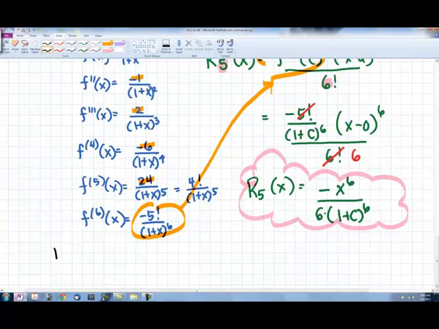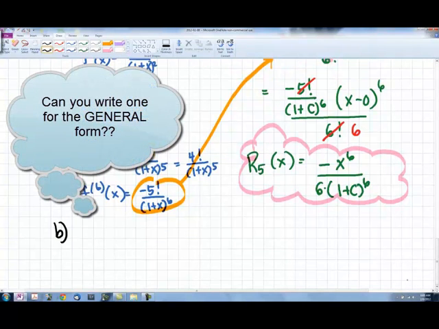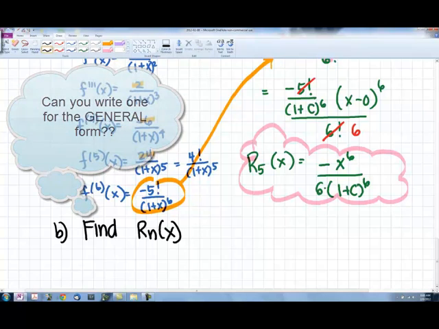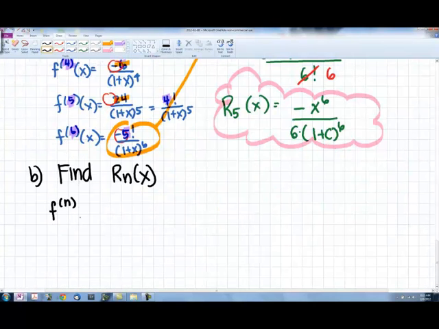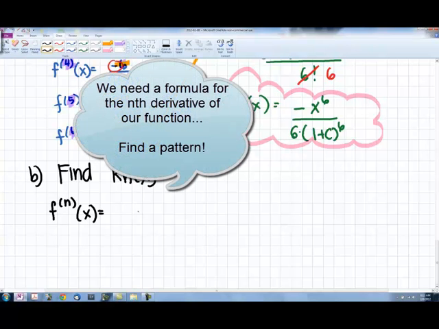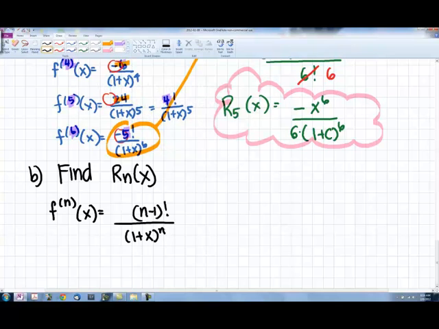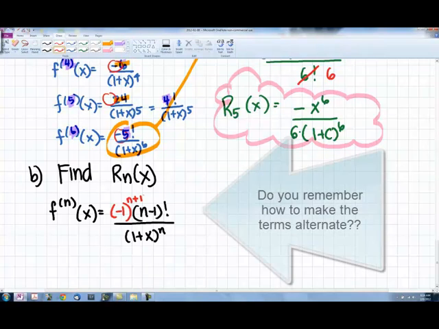Do you think you could write the Lagrange form of the remainder for the nth order Taylor polynomial? So I want to know what r sub n of x would be. We need to have the nth derivative of f. So looking at the pattern from above, we should have an n minus 1 factorial on top, 1 plus x to the n, and since it's alternating negative, positive, negative, and so on, I know I'm going to have an alternating series, and it's going to be negative 1 to the n plus 1.